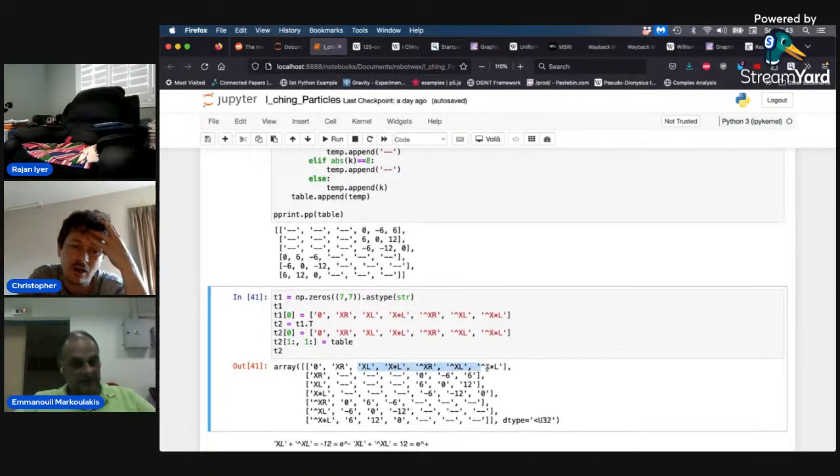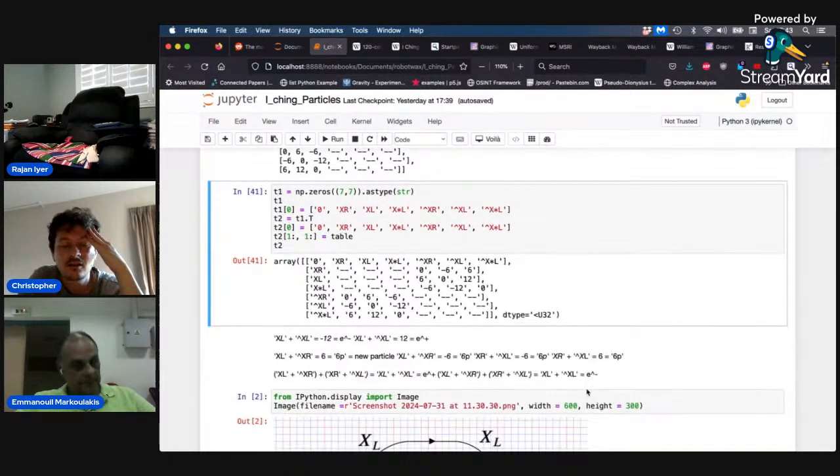So we notice that there are more left-handed particles than right-handed particles. That's interesting, and that might explain the chiral anomaly that we get.